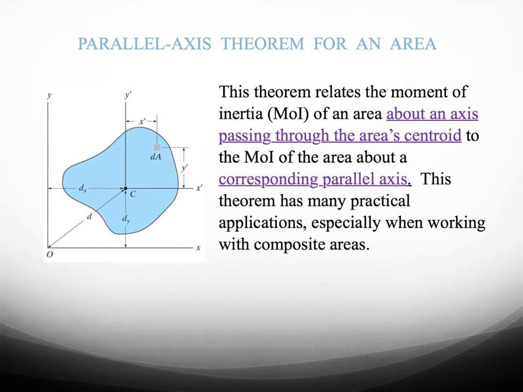You might remember using this in general physics. For instance, we knew the moment of inertia about the center of a rod when the axis went through the center. Then we could use the parallel axis theorem to calculate the moment of inertia when the axis went around one end of the rod instead. So here you see in this picture, this is the centroid right here, and these are the centroid axes, the y prime and the x prime.